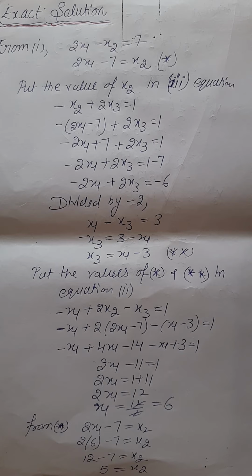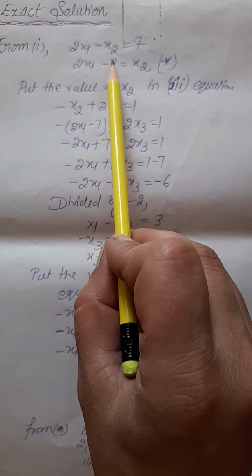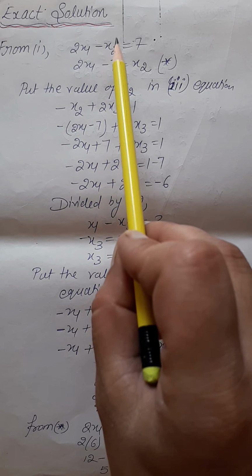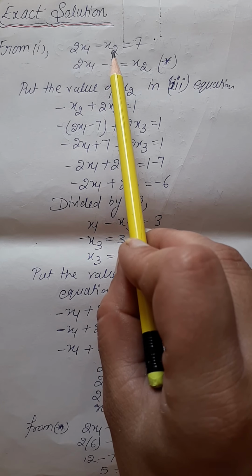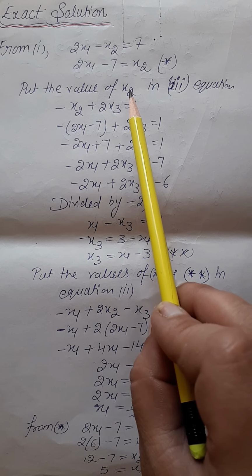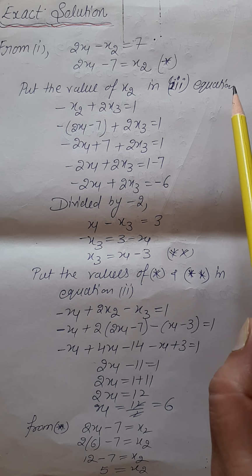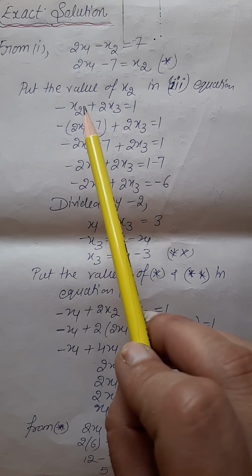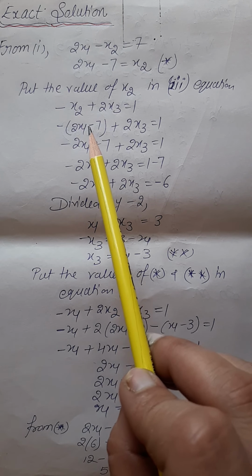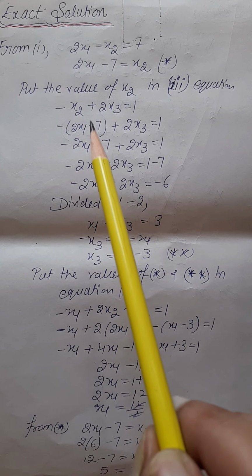For example, we take the equation 2x1 minus x2 is equal to 7, and you can find the value of x2 by taking it on the right side. Then put the value of x2 in the third equation, as we do in the elimination method in 10th standard.